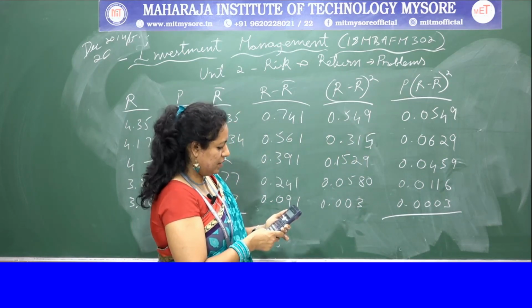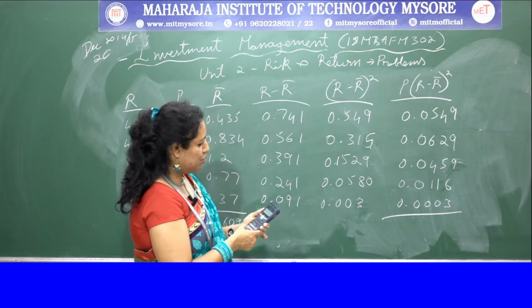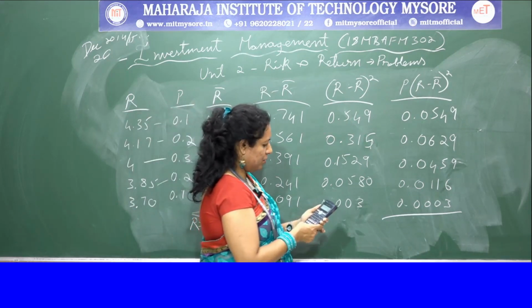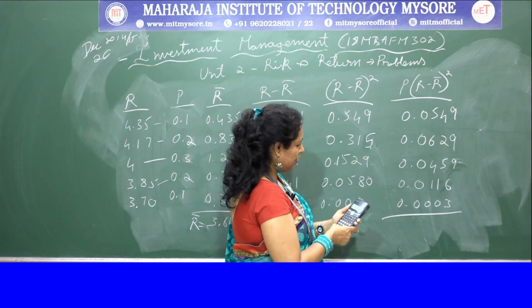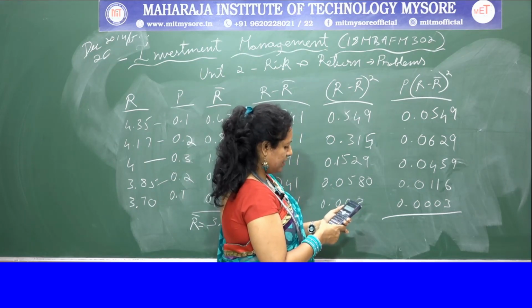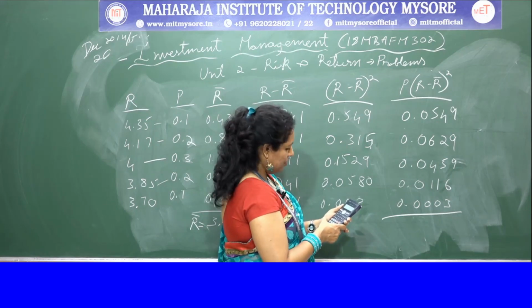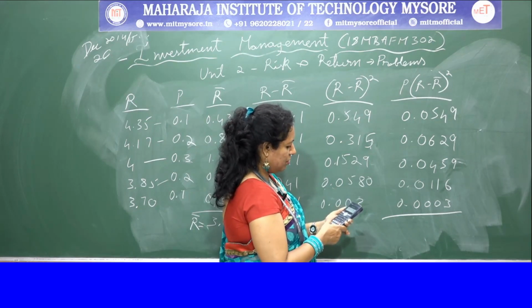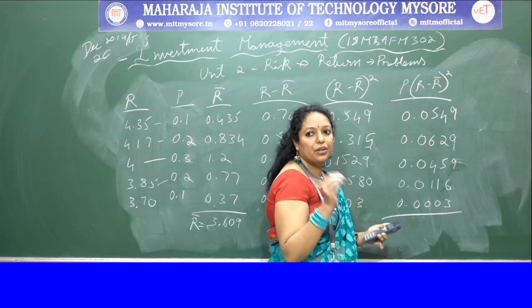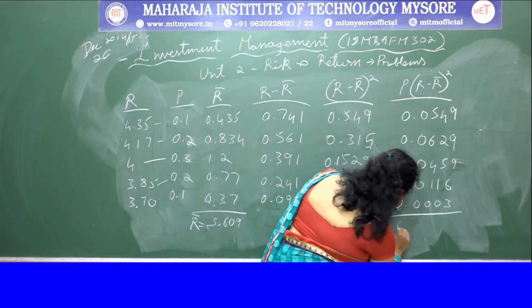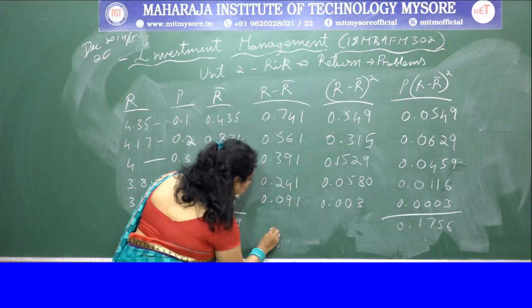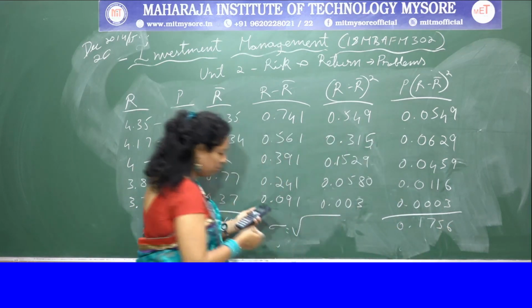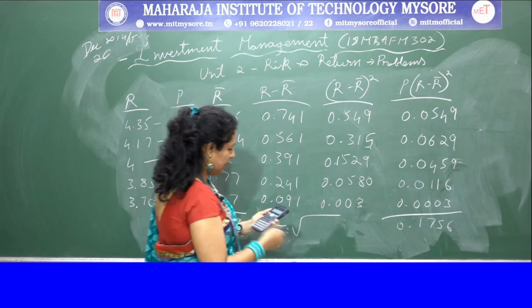So let's summate it. 0.0549 plus 0.0629 plus 0.0459 plus 0.0116 plus 0.0003. You get 0.1756. For this, standard deviation, we have to do the root of the answer.